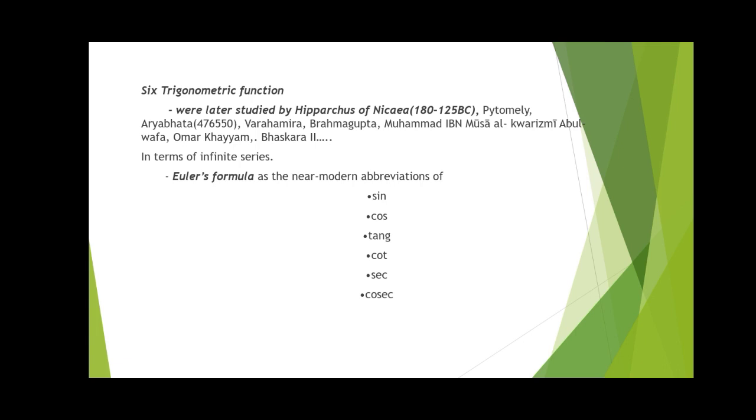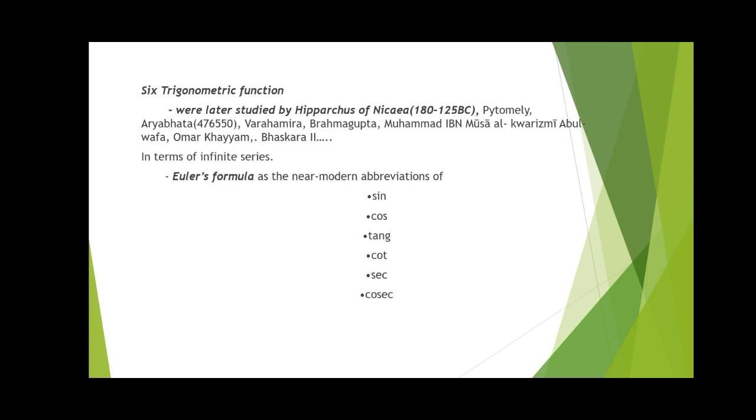Let's proceed to the six trigonometric functions, which were later studied by Hipparchus of Nicaea from 180 to 125 BC, Ptolemy, Aryabhata, Varahamihira, Brahmagupta, Muhammad ibn Musa al-Khwarizmi, Abul Wafa, Omar Khayyam, Bhaskara II, and others.